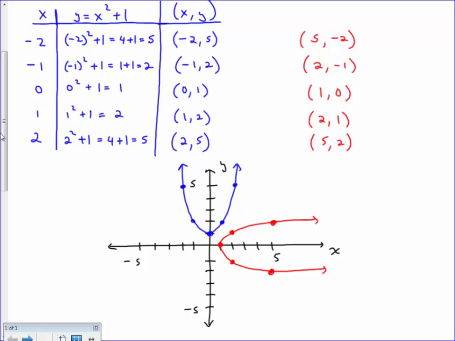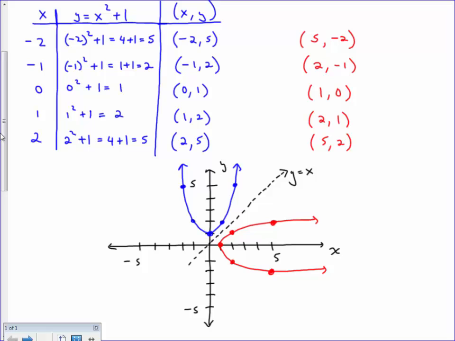Okay, now there's something that I'd like you to notice, and that is that the 2 functions are reflections of themselves over the line y equals x. The line y equals x bisects the first quadrant, meaning it's cutting through at a 45-degree angle. So this is the line y equals x.